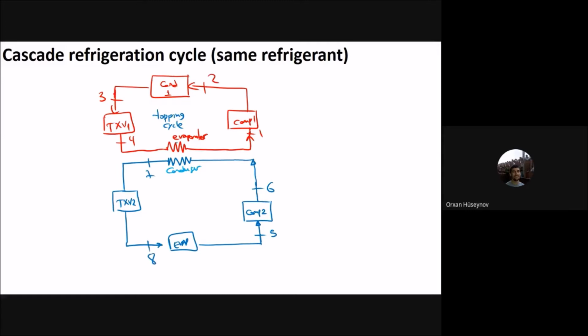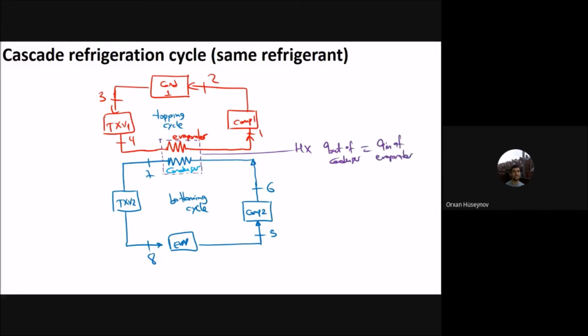You can see that this one is the topping cycle and this one is the bottoming cycle. So you are using the same cycle, but the main thing here is that you have one heat exchanger there. Okay, heat exchanger, and the Q out of the condenser will be the same as Q in of the evaporator.